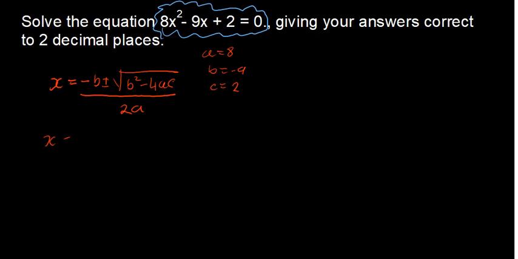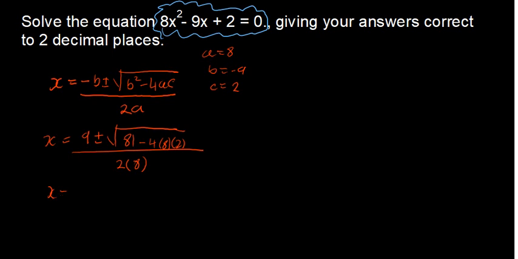So x is equals to minus b, which is negative 9, so positive 9, plus or minus the square root of b squared, 9 squared, which is 81, minus 4 times a, which is 8, times c, which is 2, all divided by 2 times a, which is 2 times 8.